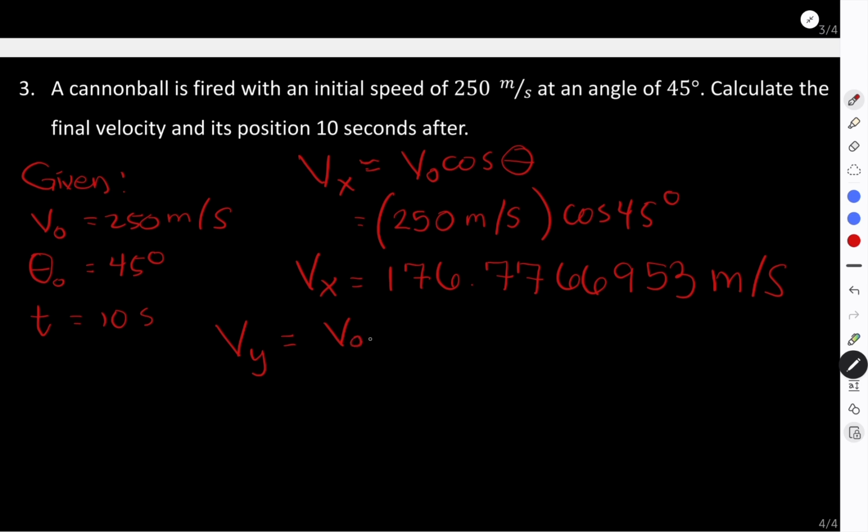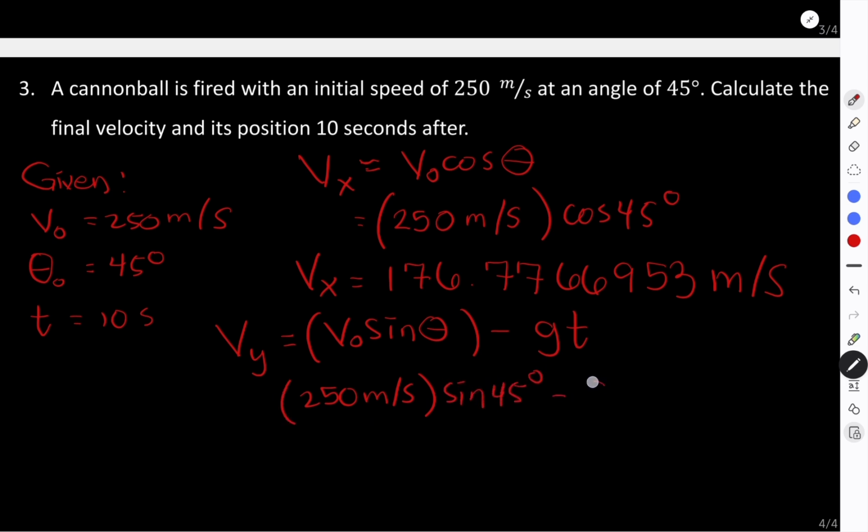So we simply write it down as initial velocity multiplied by sine theta, then minus gravity times time. Okay, the initial velocity is 250 meter per second times sine 45 degrees minus 9.8 meter per second squared.